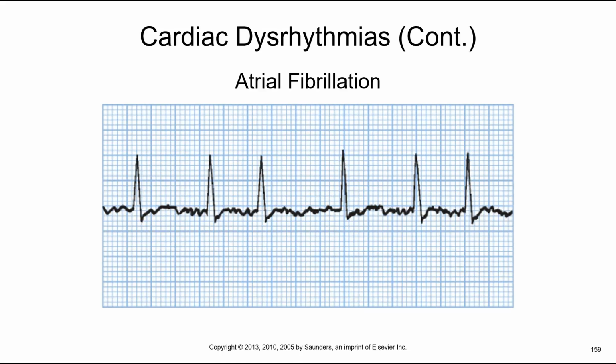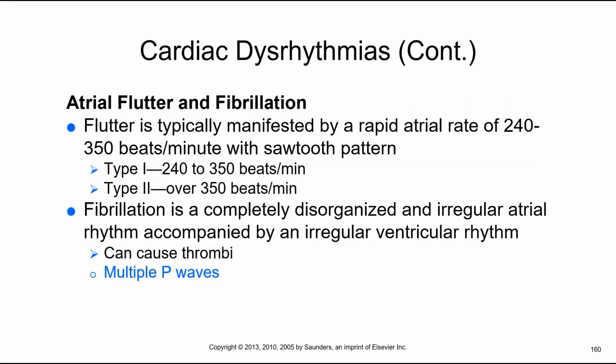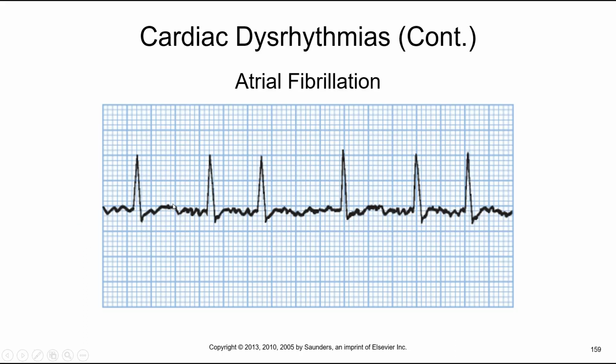It's very literal. So atrial fibrillation can lead to atrial flutter, which leads to atrial fibrillation. And fibrillation is completely disorganized. Now, I'm not teaching you everything about the ECG. Karen Riley does a unit for ECG later, and she does a great job with it. She goes into much more detail.